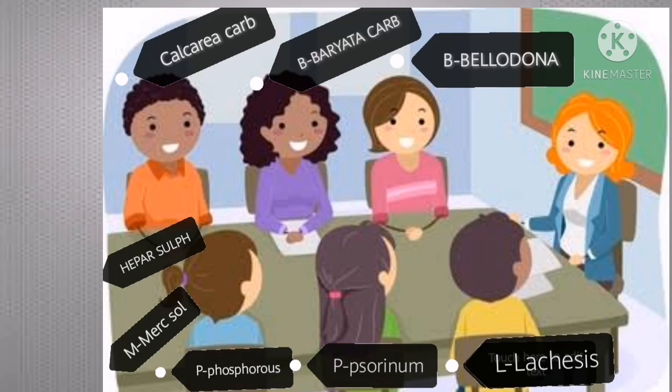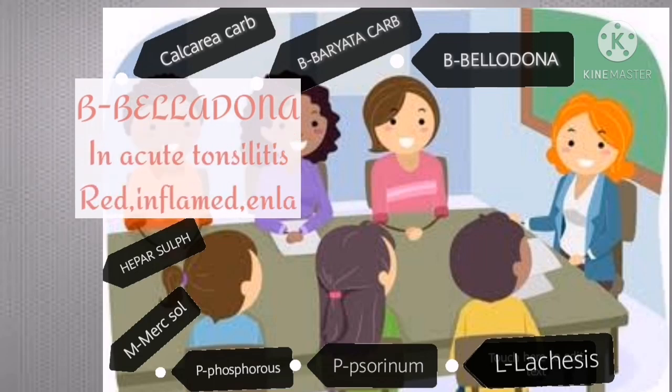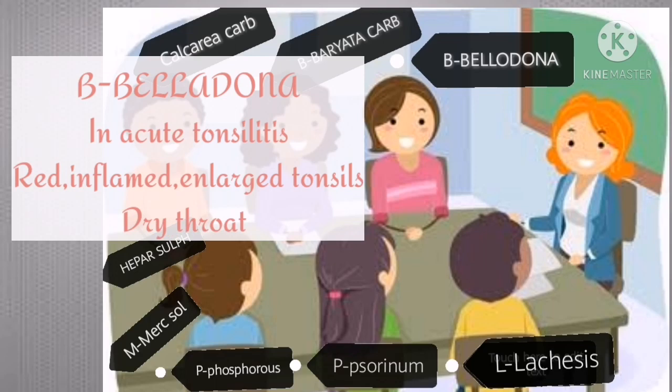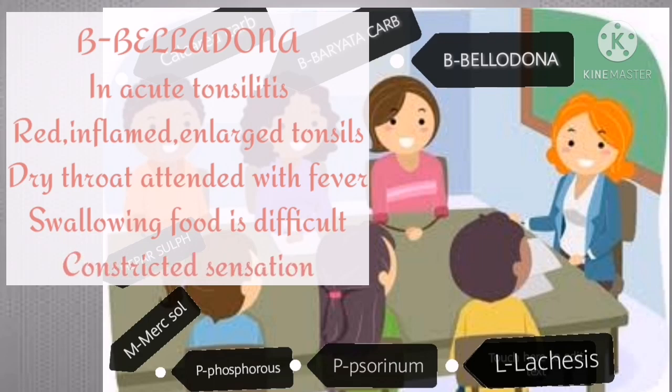The doctor examines the first person and asks them to open the mouth. The first person's features in acute tonsillitis are mainly red inflamed large tonsils, dry throat attended with fever, and swallowing food is difficult with a constriction sensation. These are mainly Belladonna symptoms.